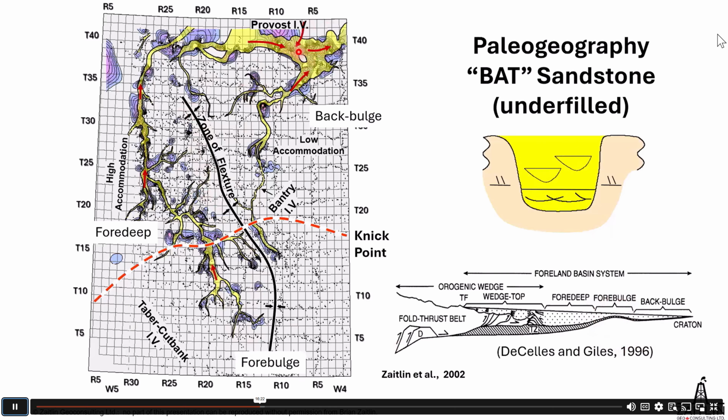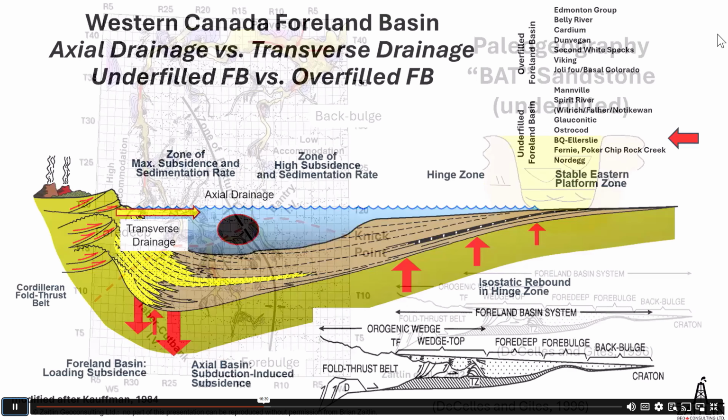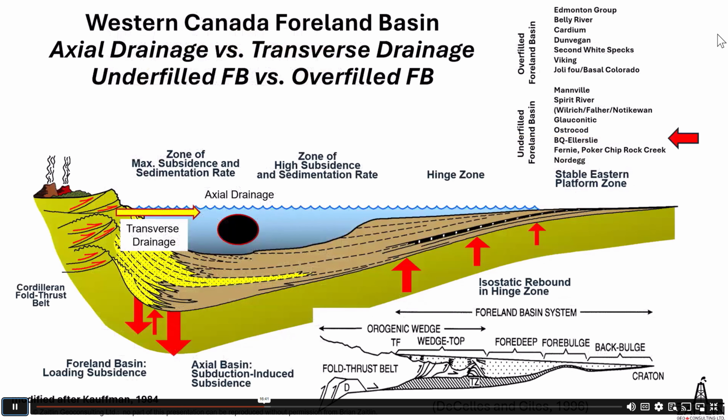This is a paleo drainage system that feeds into the McMurray system, while this system here is related to the paleo drainage that's on the west side of that zone of flexure in the foredeep. So what we're trying to do is understand what the breaks and what the controls on the accommodation are within this foreland basin system in this area here.